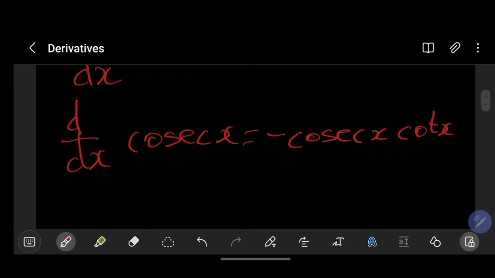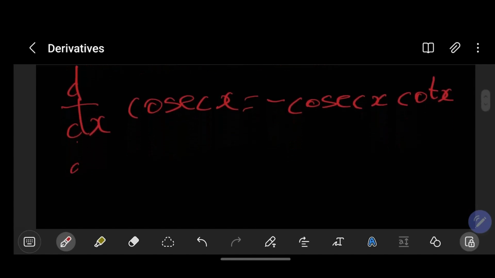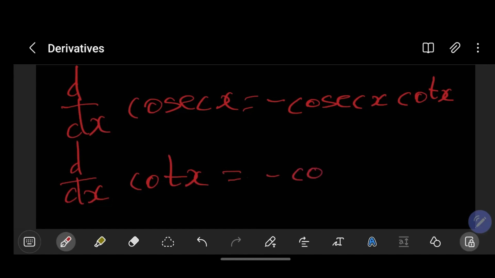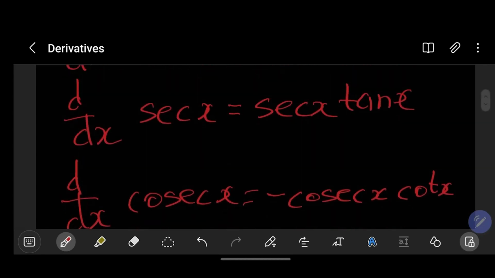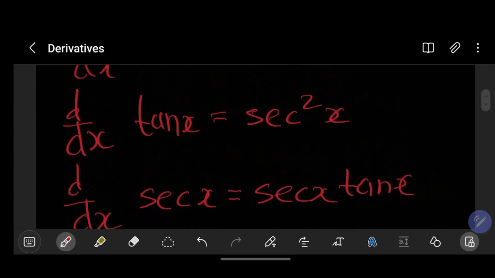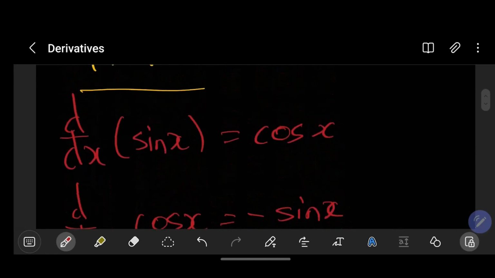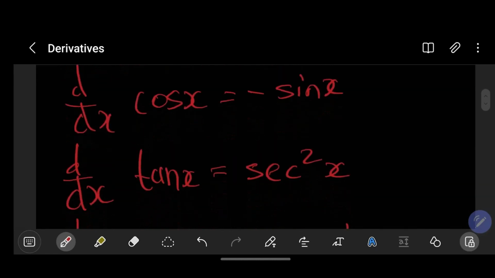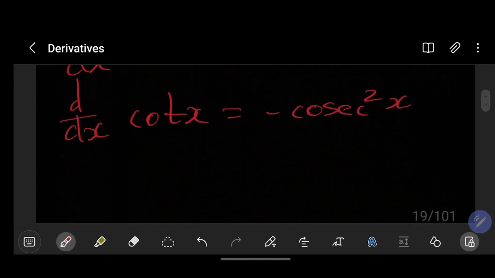And then last but not least, the derivative of cot of x, that's equal to minus cosec squared x. Okay. So that's basically the different trig rules that you need to remember. Of course, these need to be used with the previous rules that I have shown you, as well as the upcoming rules.